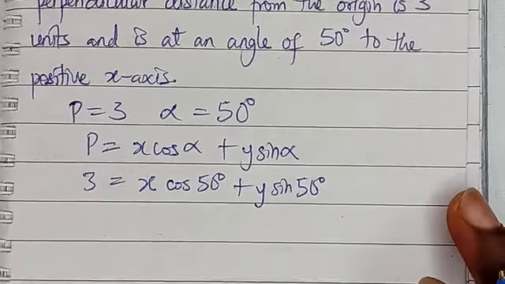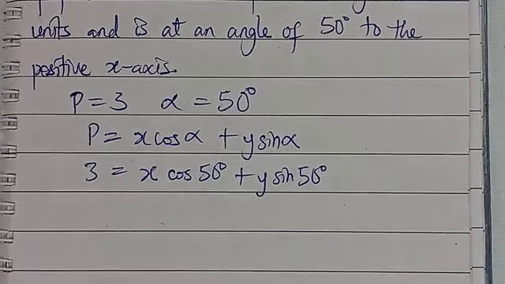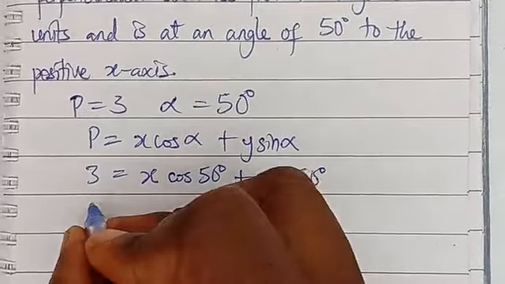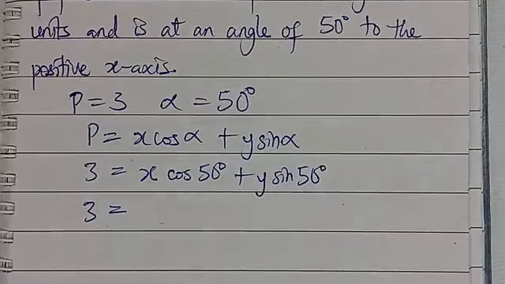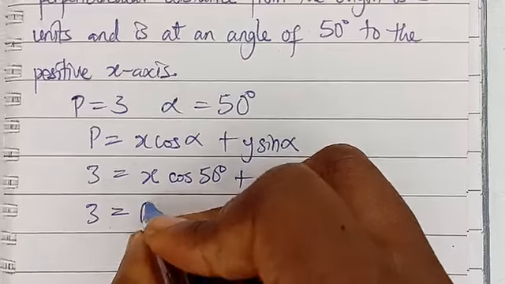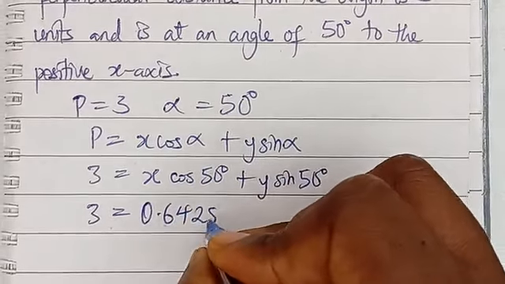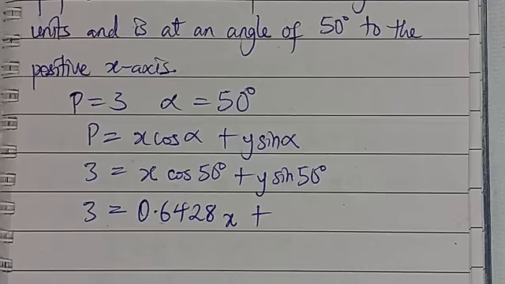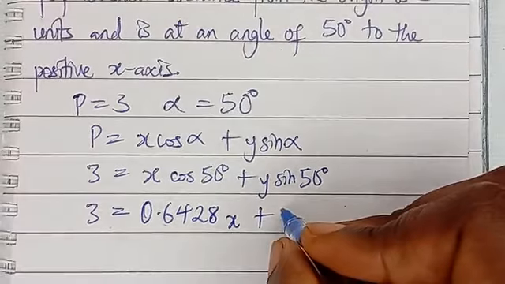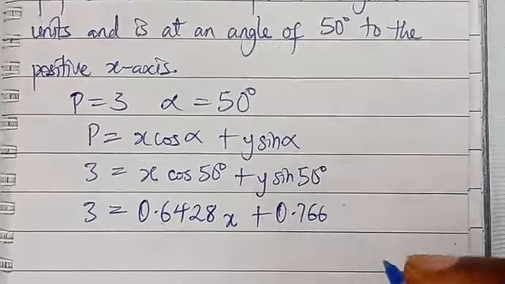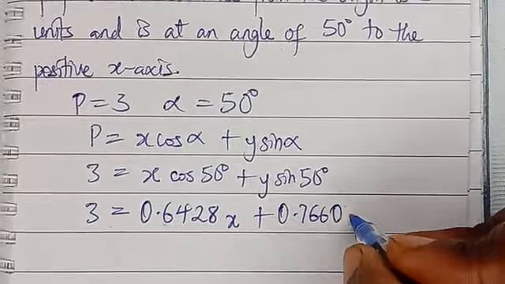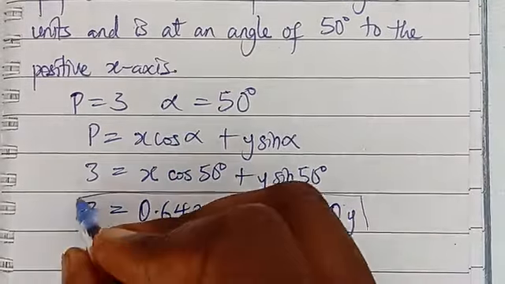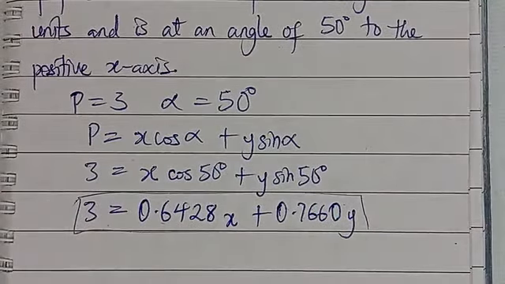Now we don't have a usual fraction for this, so we are going to make use of our calculator to get what cos 50 is and what sine 50 is. So when we get this in a calculator, cos 50 is 0.6428. So we attach x to that value, and then sine 50 is 0.766. So this is the equation. So you can have it in decimal forms like this too. So this is it.